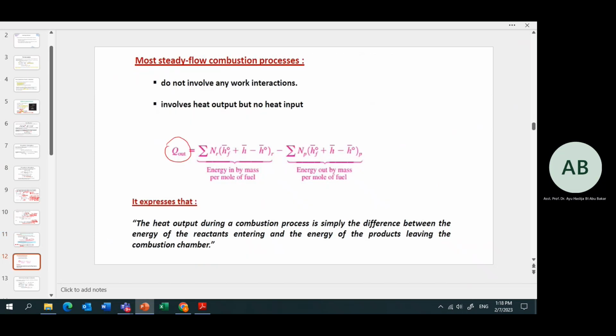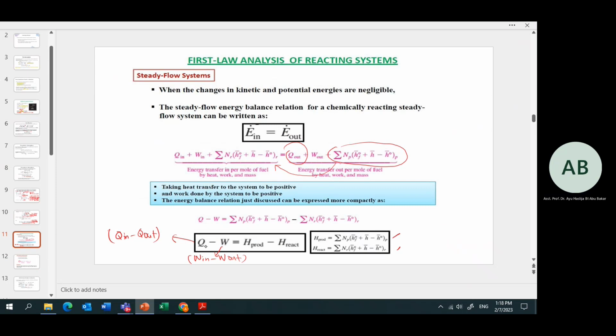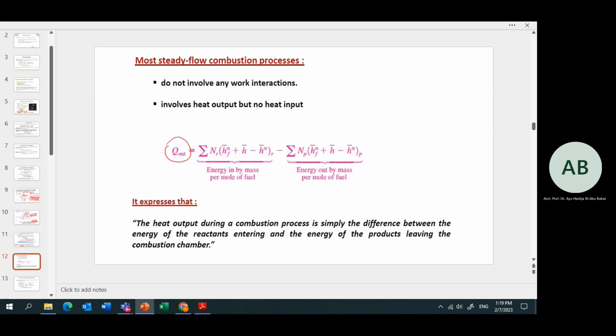Don't confuse yourself, this one is Q out only. This one, Q in minus Q out, the total Q, is equivalent to product minus reactant. Later, in all of our calculations, we will use this equation, product minus reactant. Don't get confused by the other equation.